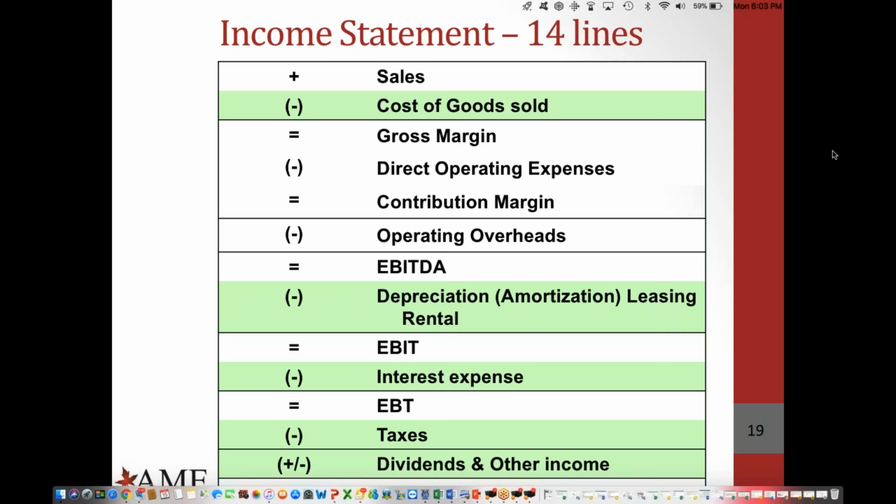Then we subtract the interest expense. I would combine the interest on both operating loans and mortgages here, and that gives us earnings before taxes. Then we take off the taxes, and down here is the plus or minus of dividends or other income and expenses.